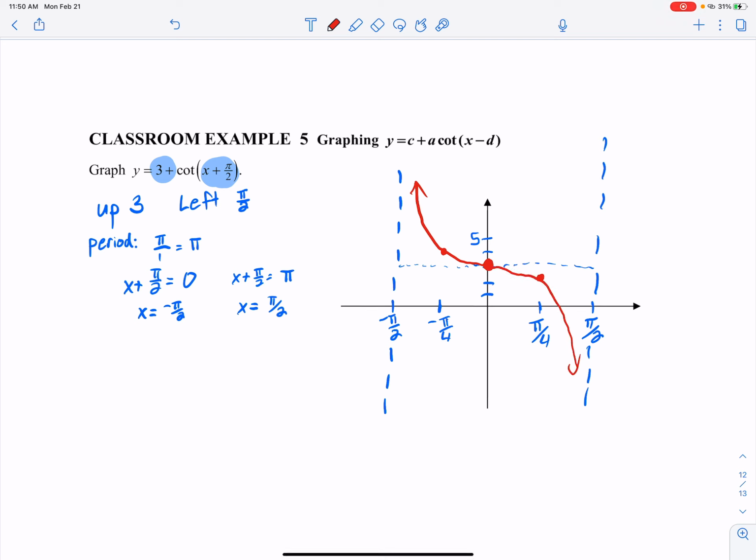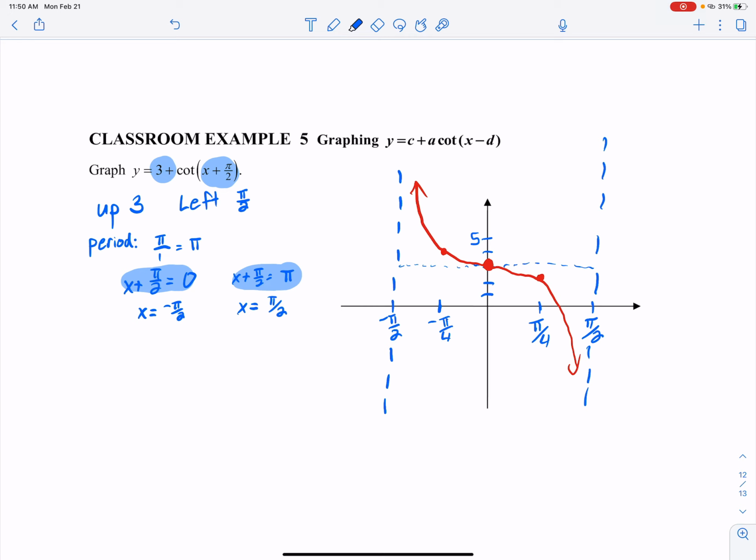What about the shift? We took care of it right here. It feels like it's not shifted because it's in the middle, but remember we're dealing with cotangent. Cotangent's to the right. So since we shifted to the left, it moved it right in the middle again.